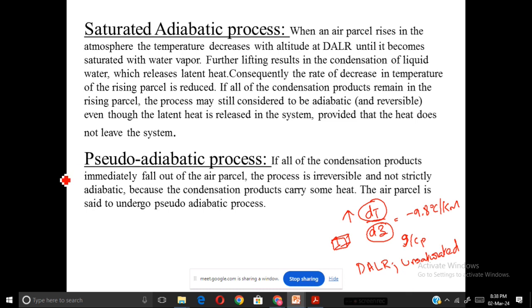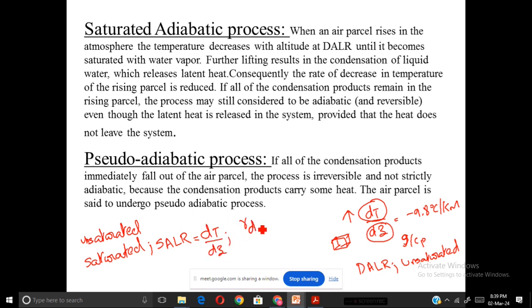Suppose, instead of an unsaturated air parcel, we are considering a saturated air parcel. In that case, the lapse rate is called the saturated adiabatic lapse rate, or SALR, dT by dz.